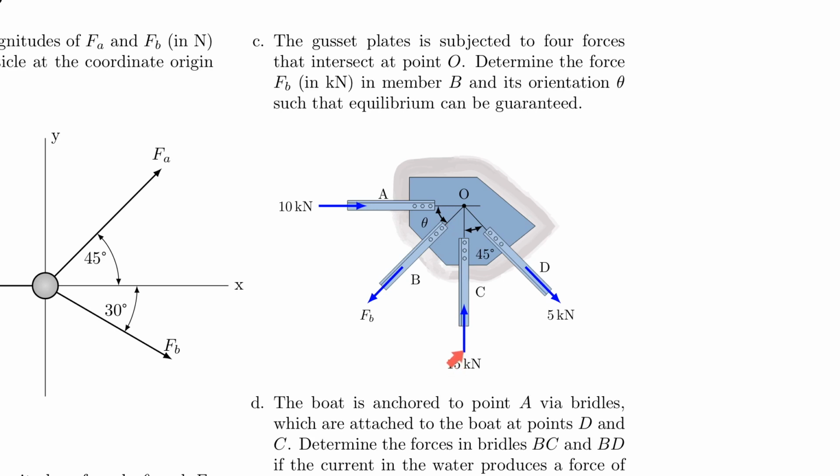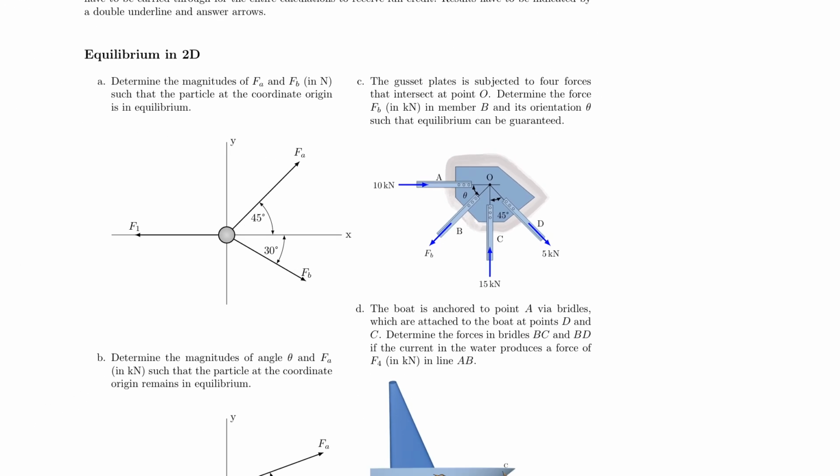Notice that the 15 kilonewton is actually pushing on the origin, and so is the 10, whereas FB and the 5 kilonewton is actually pulling away from it. So please understand that that has an impact on your free body diagrams, in which direction you draw them, and also, of course, in solving the problems. But you have all the tricks you need to check your work. So I wish you good luck with that problem.